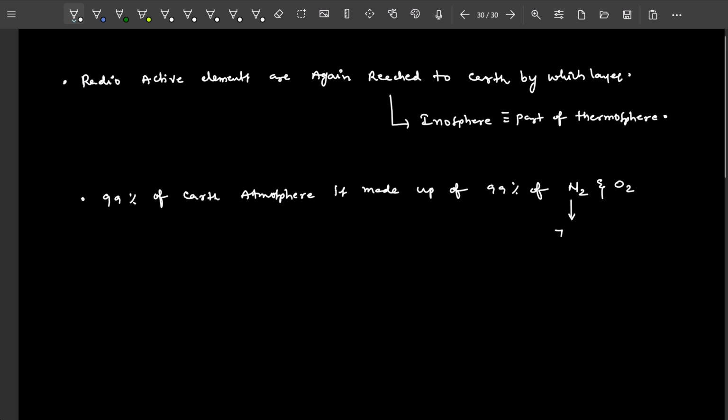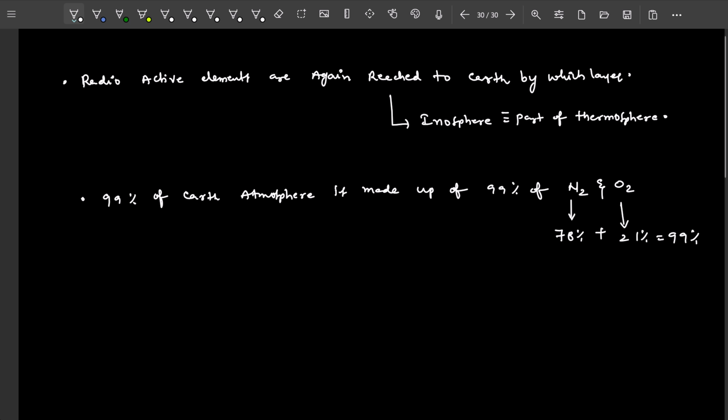This nitrogen is 78 percentage plus this oxygen is 21 percentage. When you add, you are going to get 99 percentage.